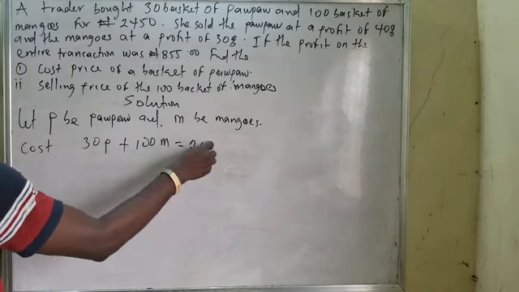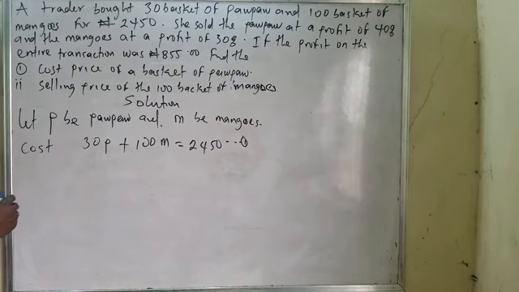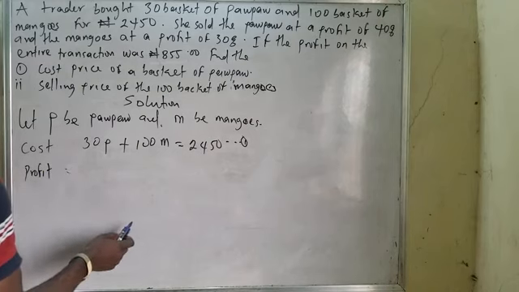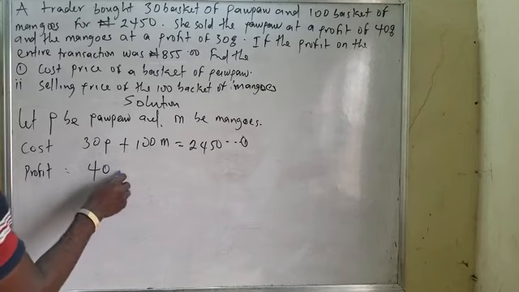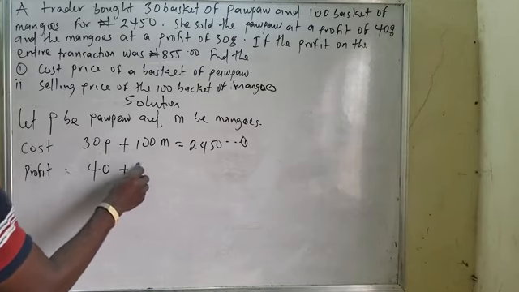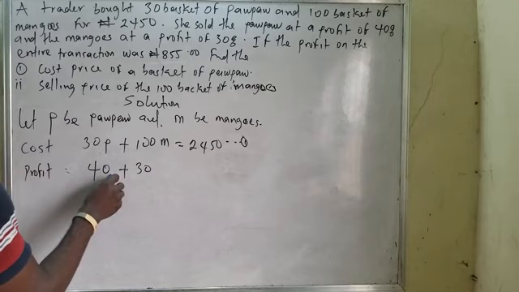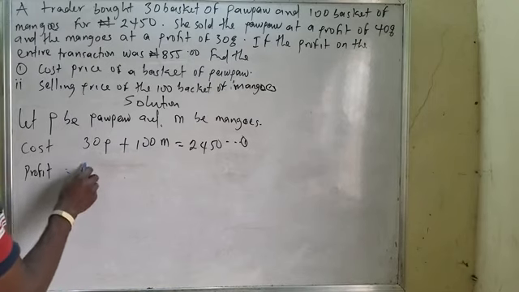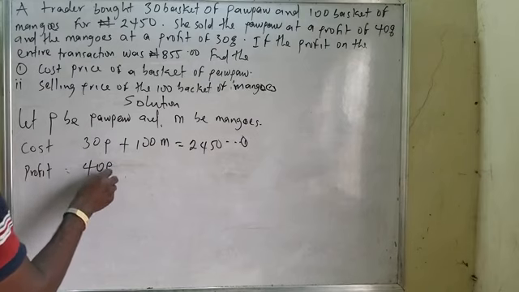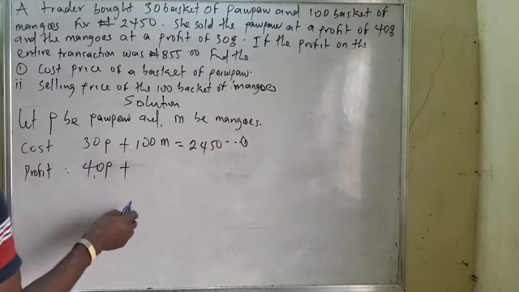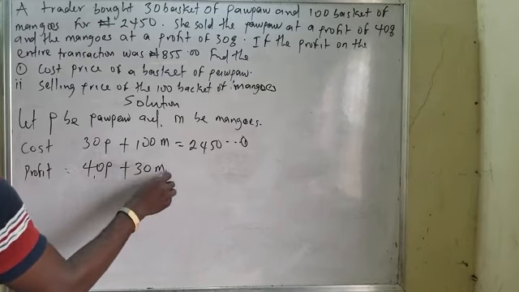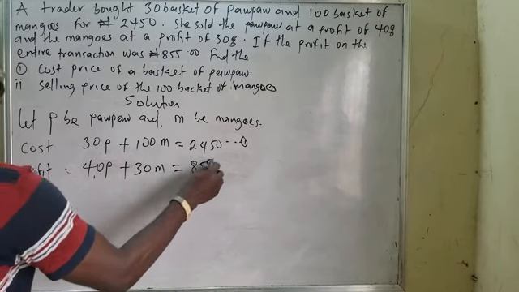That is equation 1. And the second one, profit. Now my profit will be equals to, what is the profit? Sold it for 40% plus 30%. This is going to be of mango. It means 40% of pawpaw plus 30% of mango equals to the profit, which is equation 2.